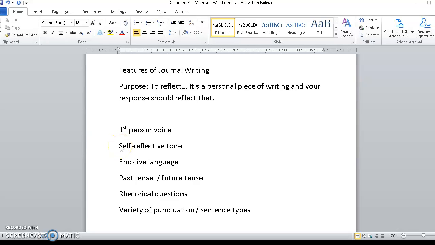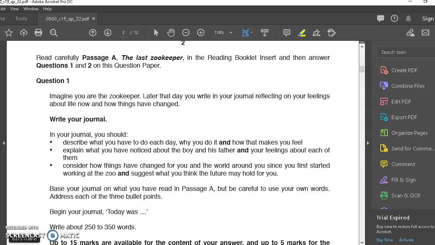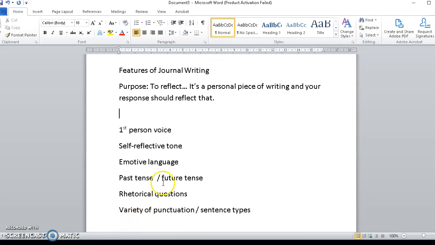That self-reflective tone, emotive language, often written in the past tense, but in the case of this question, bullet point 3 does say what you think the future may hold for you, so you may want to write in future tense as well. Rhetorical questions, and of course a variety of punctuation and sentence types.